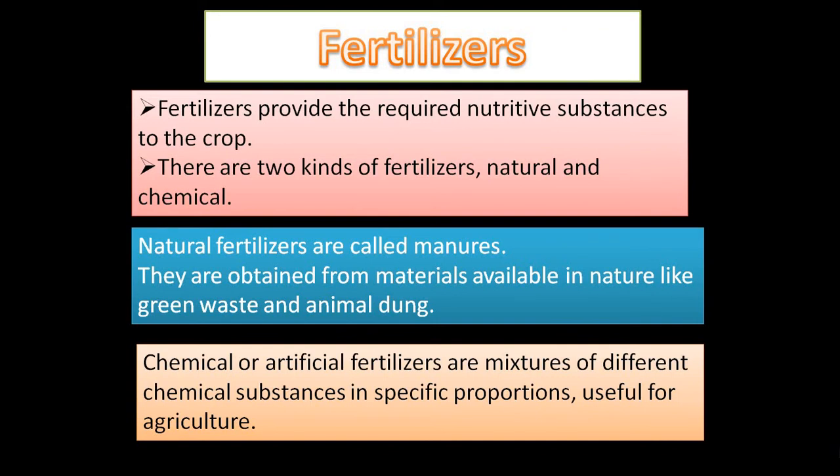In the traditional agriculture, organic manures such as compost were used. Chemical fertilizers came to be used for quicker growth and higher yields.